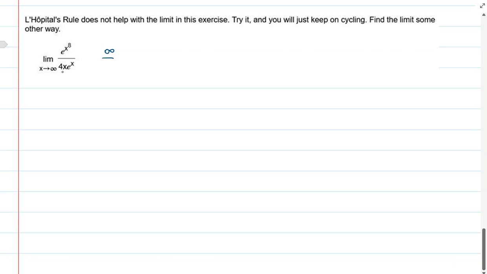And then 4 times infinity of e to the infinity is also a form of infinity. We don't know the exact infinity, but we know we can use L'Hopital's rule. Is everybody comfortable with how I'm explaining this? Because it's not always used. Okay, so I'm going to rewrite this down here.